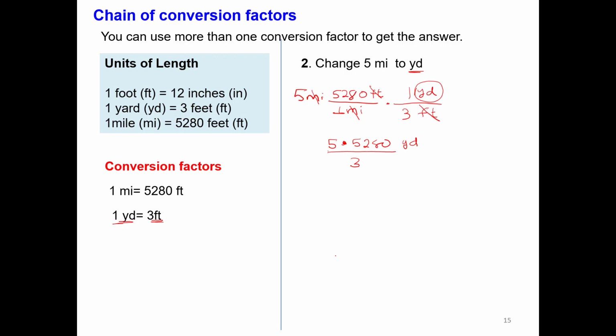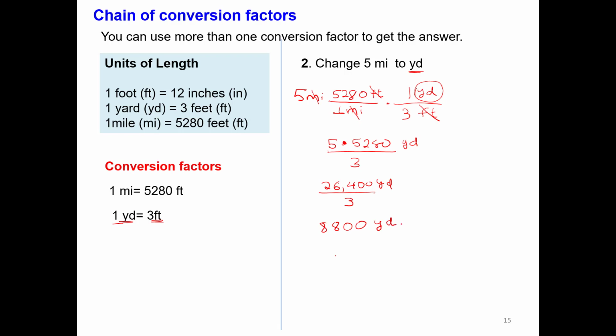We had 5 times 5,280, which will be 26,400. To divide by 3 will be 8,800 yards.